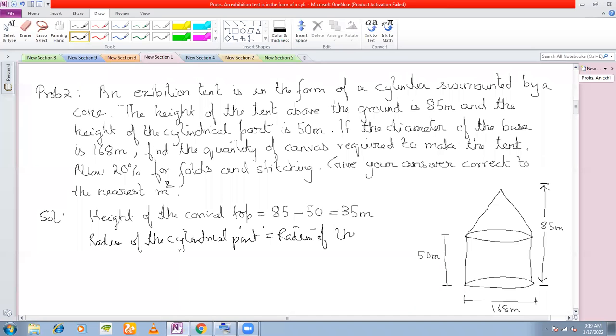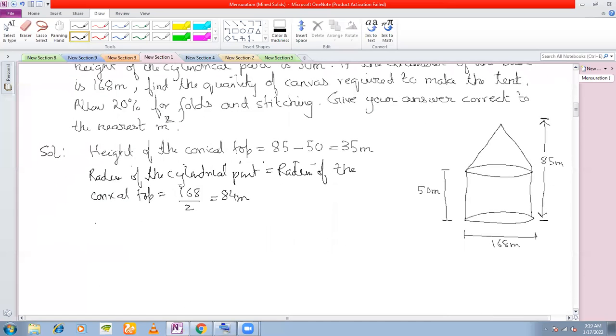Radius of the conical top is equal to diameter is given. So divided by 2, 168 divided by 2, which is 84 meters. Right. Now we can easily find out the curved surface area.